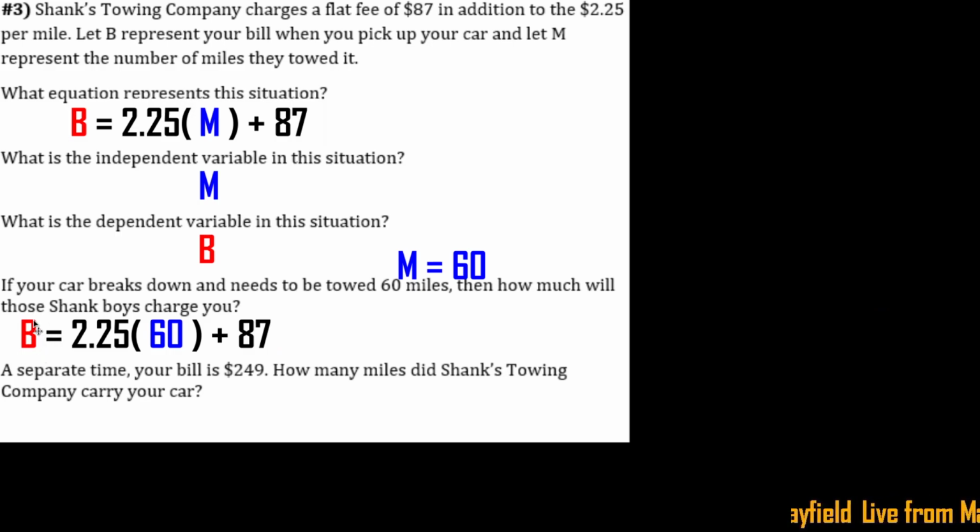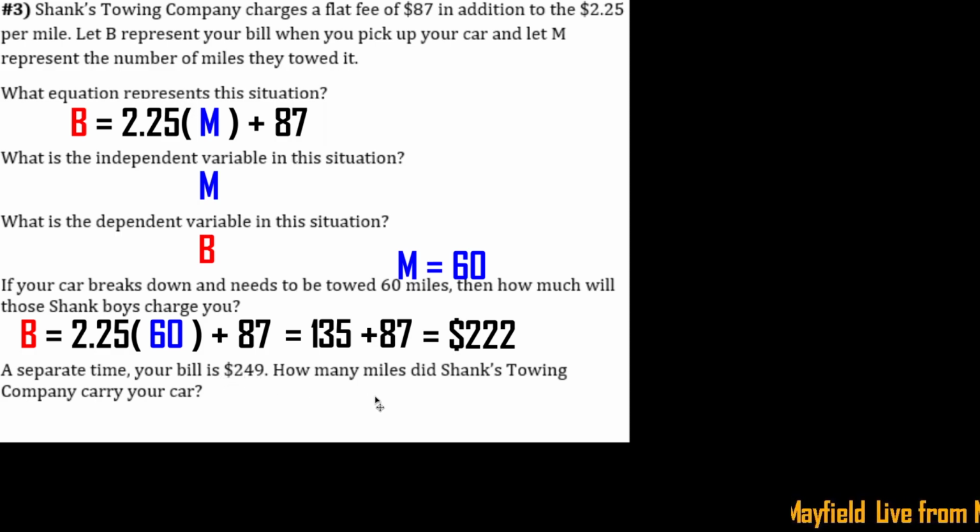We're looking for the cost, meaning the total bill, and so we multiply 2.25 times 60 because that's the amount of miles we have, and that would equal 135, and then we still have to add that to the flat fee, meaning the initial cost, and so we add those two together to get $222.